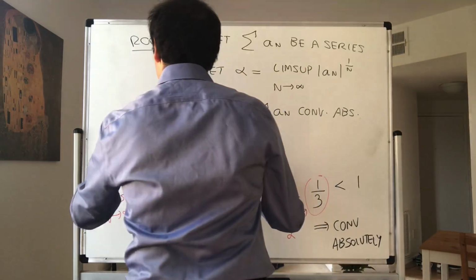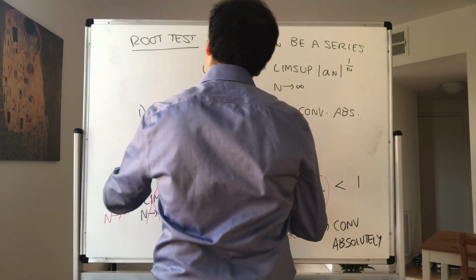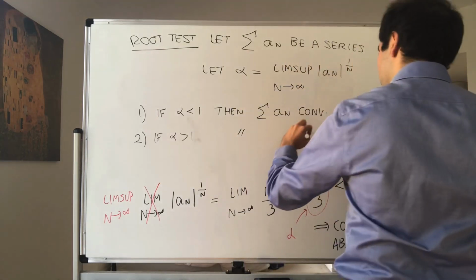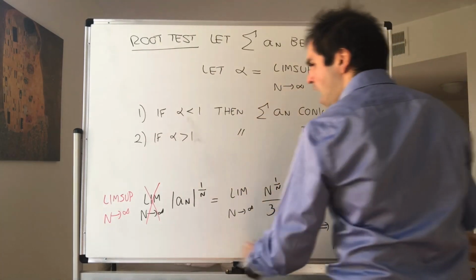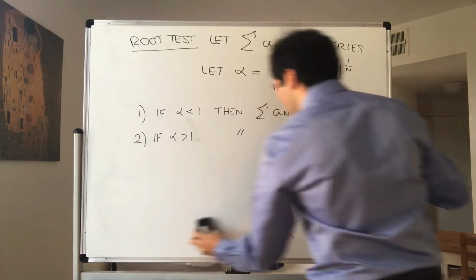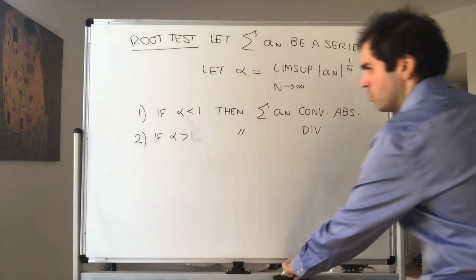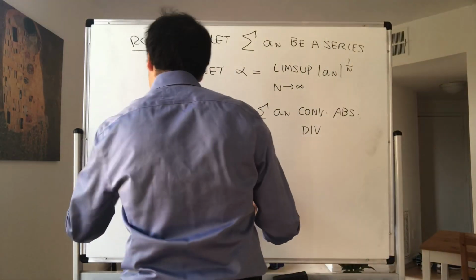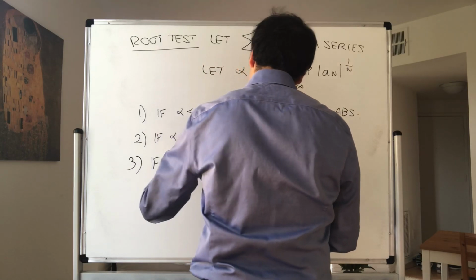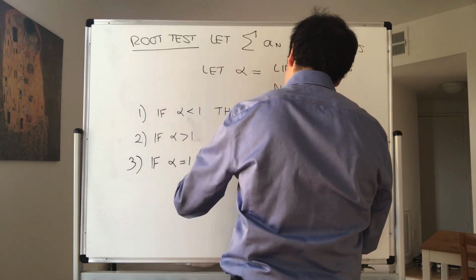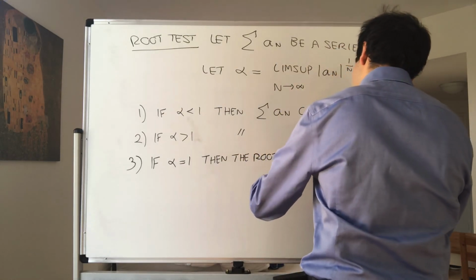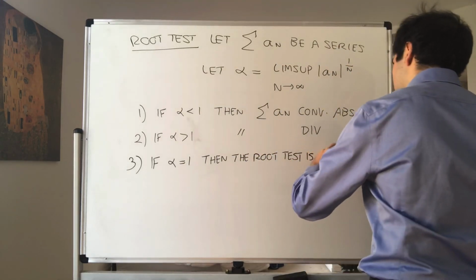And if alpha is bigger than 1, then the series diverges. And if alpha equals 1, then basically you have to look for another test because the root test is inconclusive.